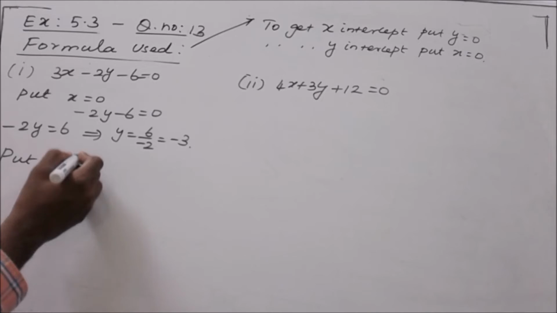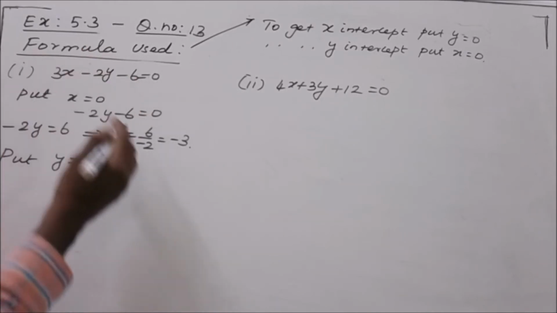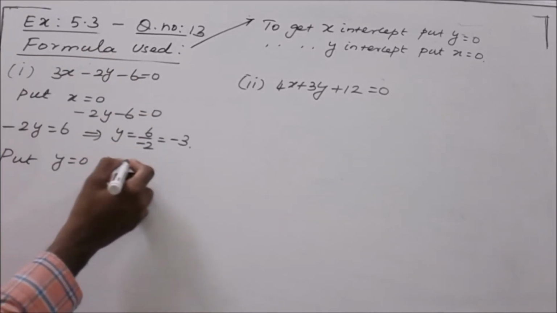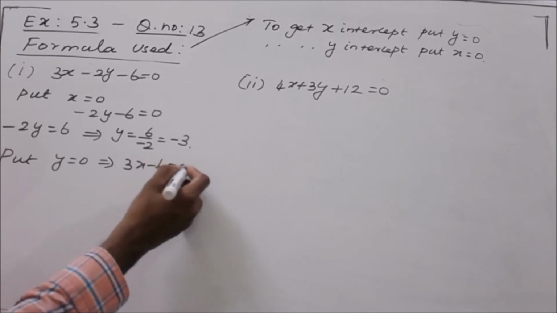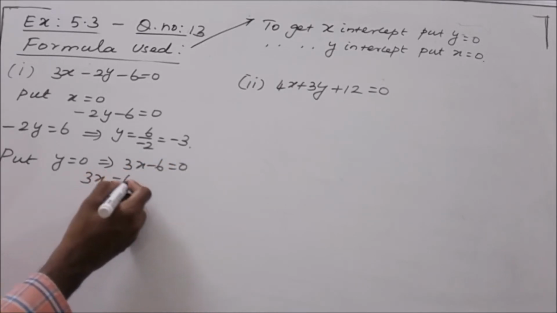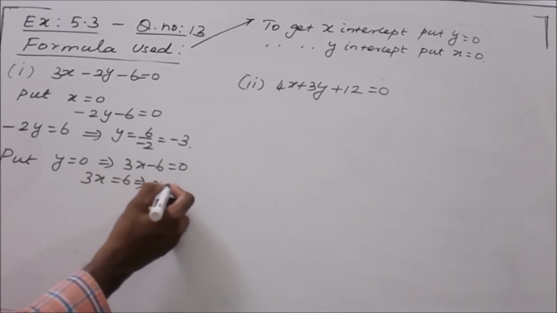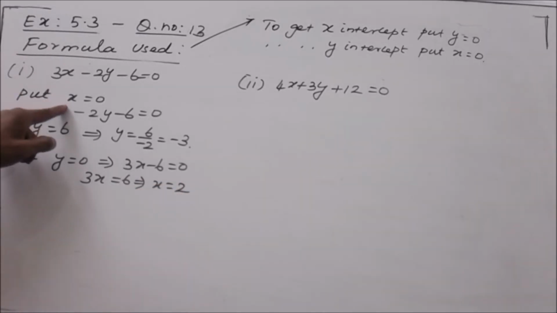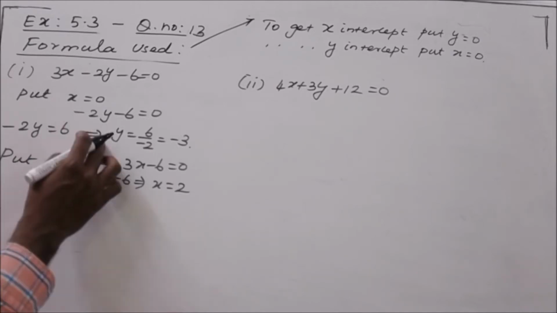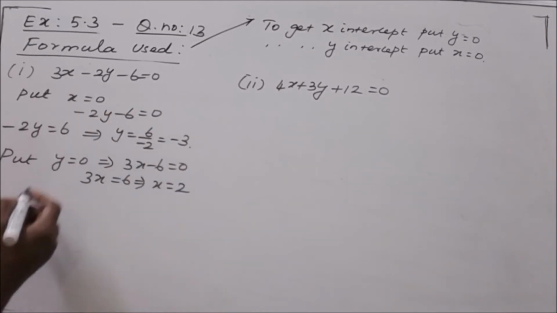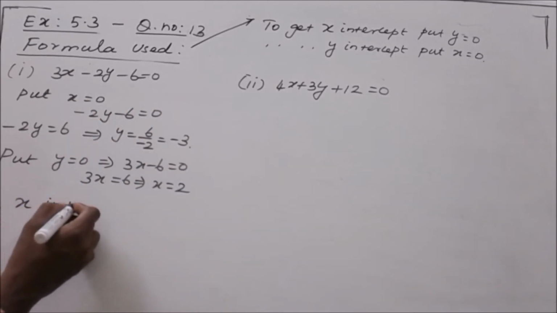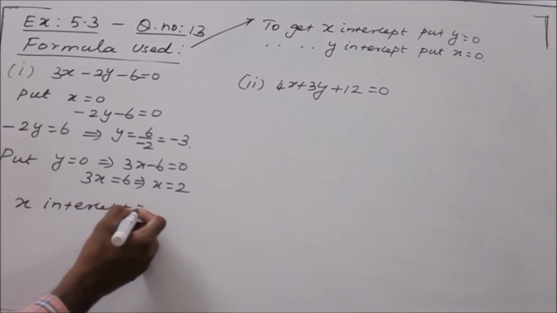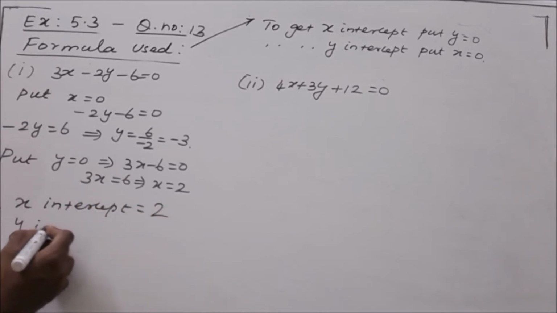The y term becomes 0, which implies 3x minus 6 is equal to 0. 3x is equal to 6, which implies x is equal to 2. Therefore, the y value is the y-intercept, the x value is the x-intercept. Therefore, x-intercept equal to 2 and y-intercept equal to minus 3.